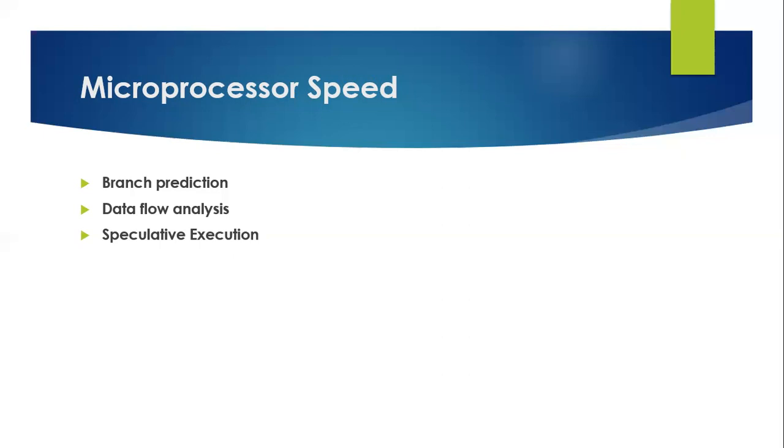This is again based upon prediction. Speculative execution means if you have some instruction, you will be predicting which instruction will be executed next. That is called speculative execution.